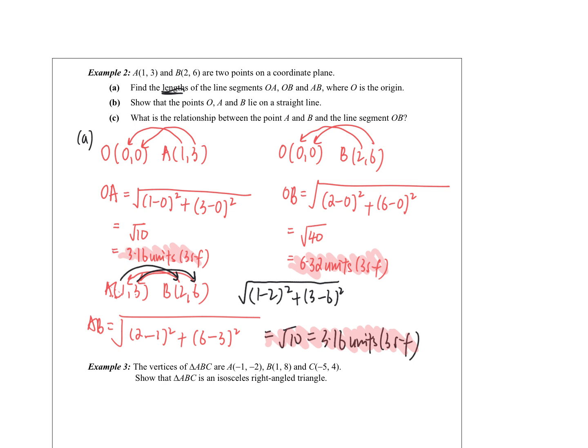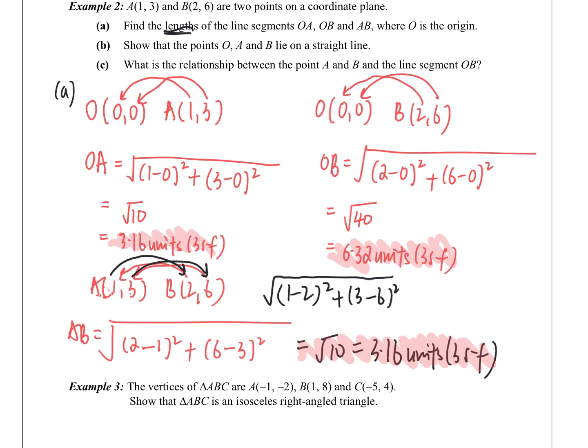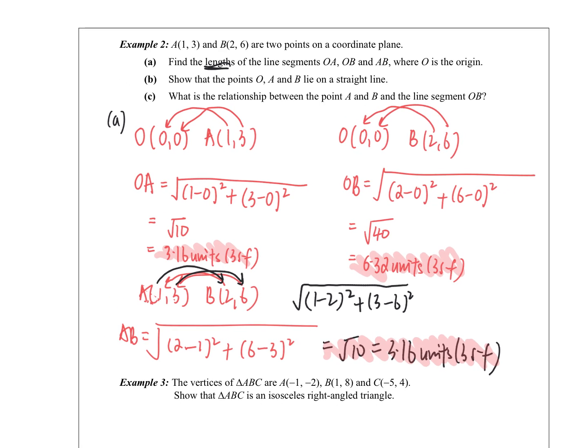So next, they say, can you show that the points O, A, and B lie on a straight line? How do I show that the lengths lie on the same line? They all have the same what? How do I show that 3 points are on the same line?